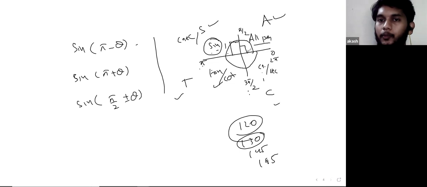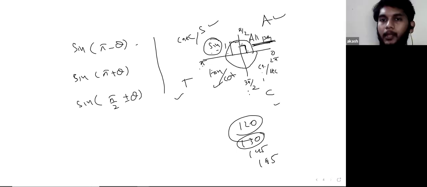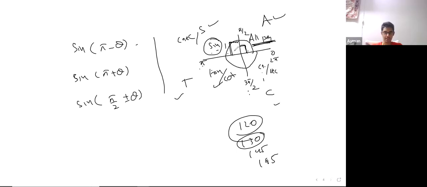If you put any angle between 0 to 90, any angle 45, 60, 75, then all the functions will be positive: sine 45, cos 45, tan 45, everything. But if you put any angle from 90 to 180, like suppose 120, then sine 120 will be positive, cos 120 will be negative, tan will also be negative.